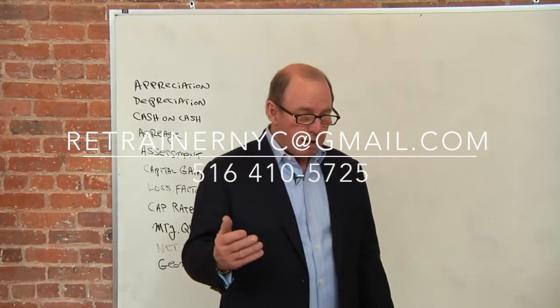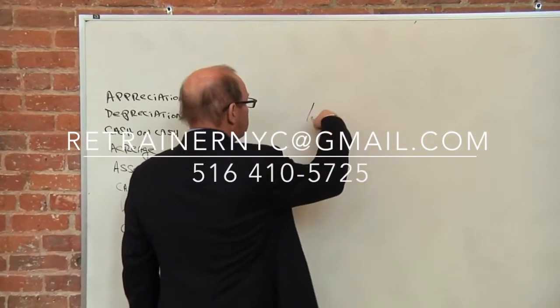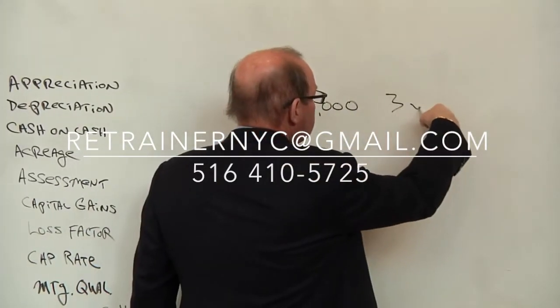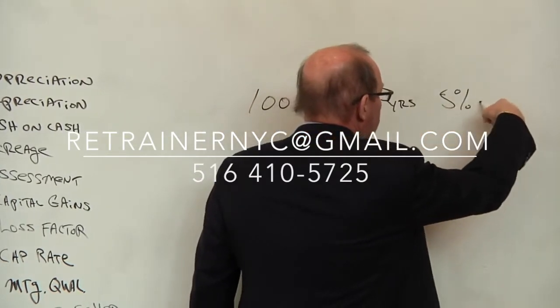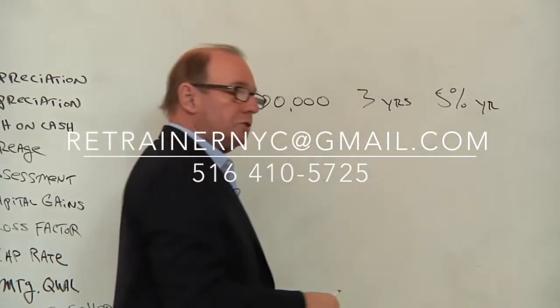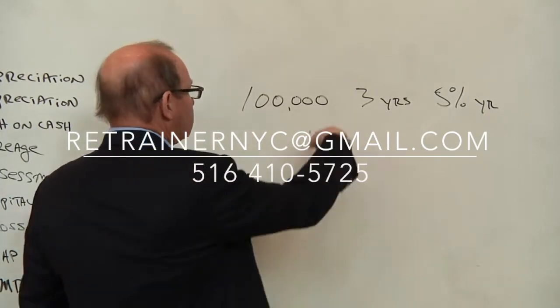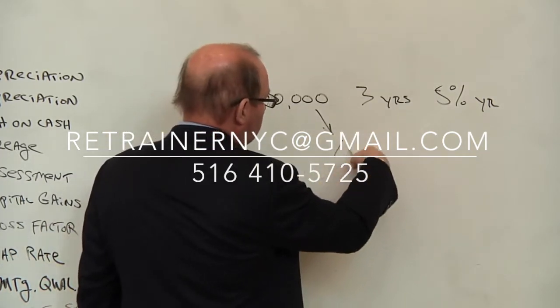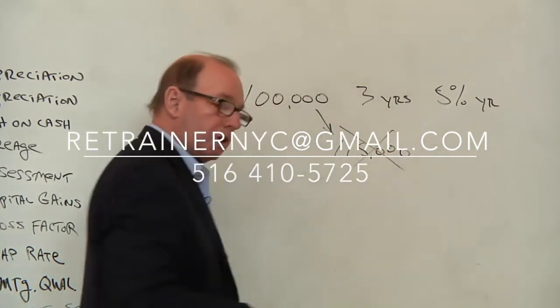So for instance, if values are going up 5% a year, and we start out with a property valued at $100,000 and go out 3 years at 5% per year, we can't just assume that that's 15% over 3 years, because the numbers won't work. If we just say 5% a year for 3 years, we're at $115,000. It's not going to work, and I'll show you why right now.